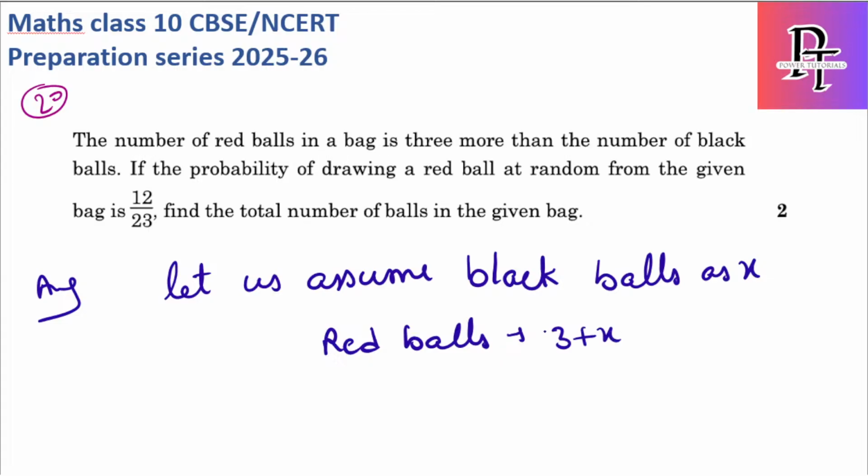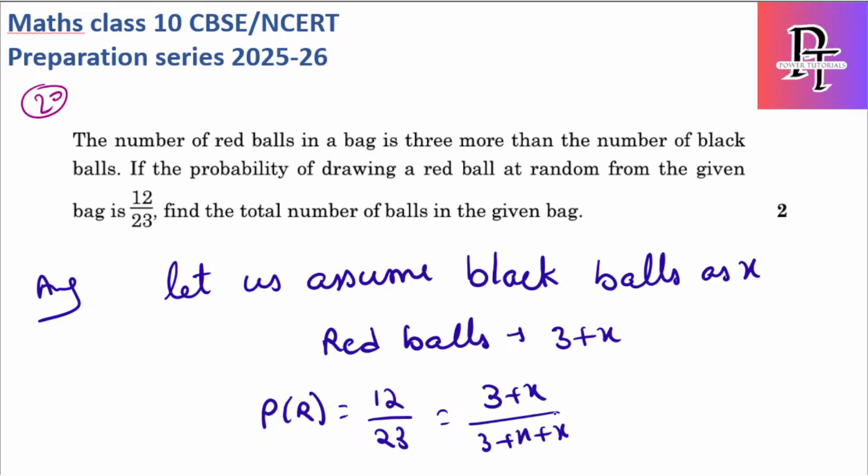Okay, if the probability of drawing a red ball at random from the given bag is 12 by 23, so P of red ball is 3 plus x by 3 plus x plus x. Why? Because favourable by total cases. Okay, hence this becomes 12 by 23 is equal to 3 plus x by 3 plus 2x.